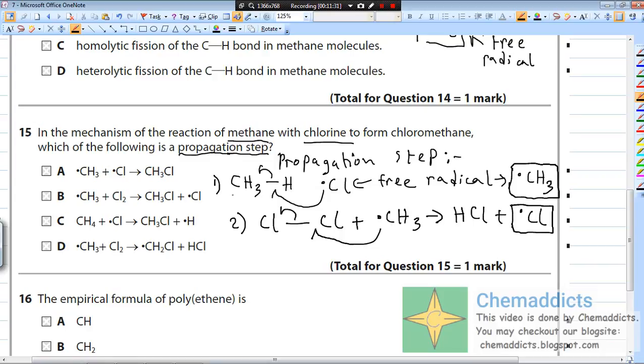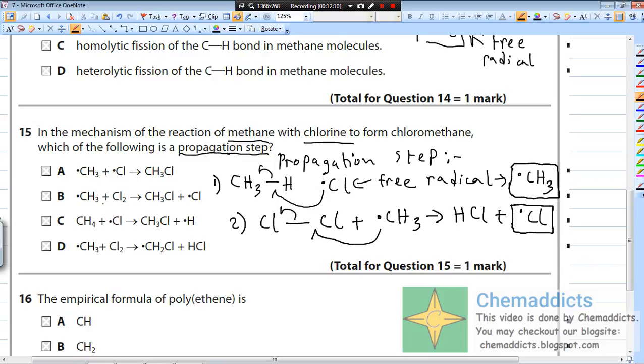Now let us match this with the options given. This option is not the propagation step, since two free radicals join together to form a molecule, which is called the termination step.